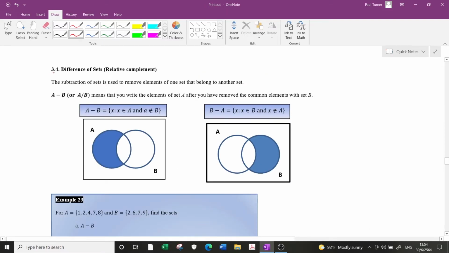This is section 3.4. It's called the difference of sets, or the relative complement. So we can just call it subtraction of sets.